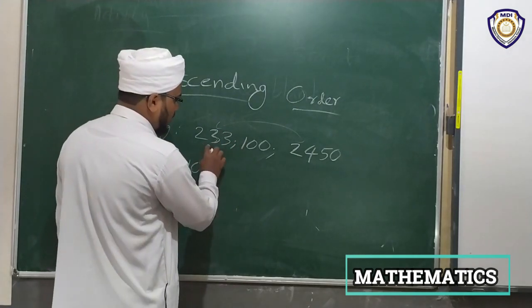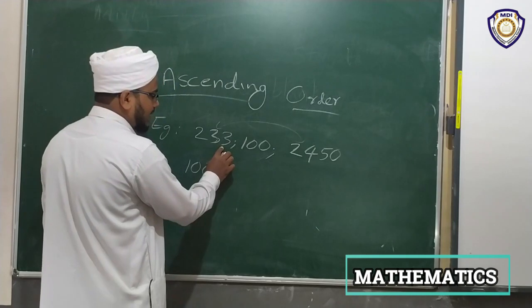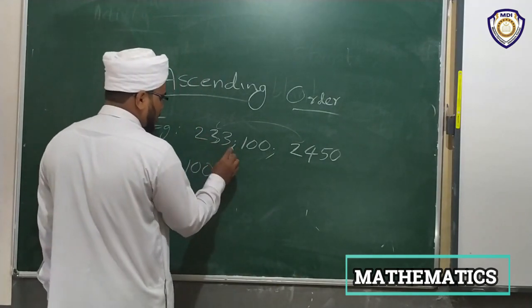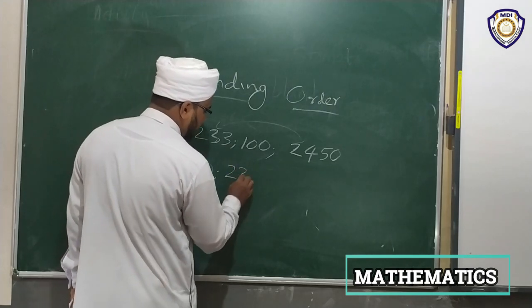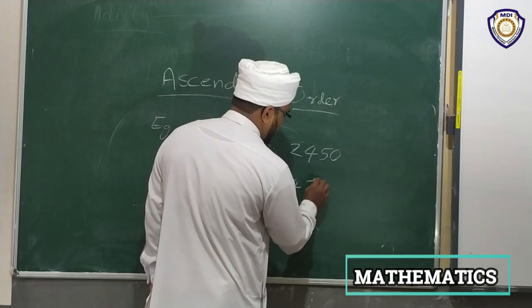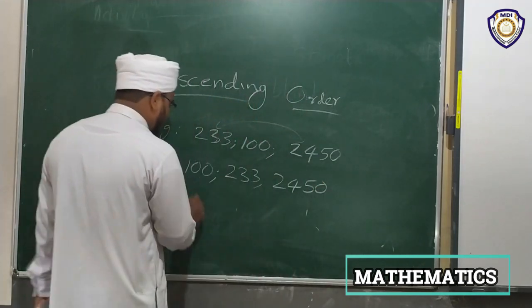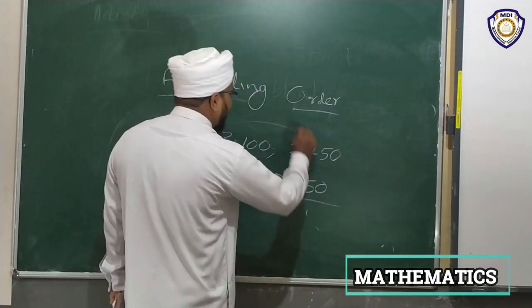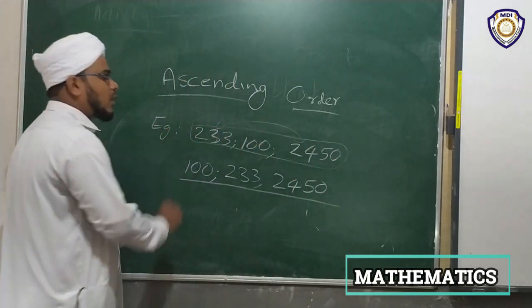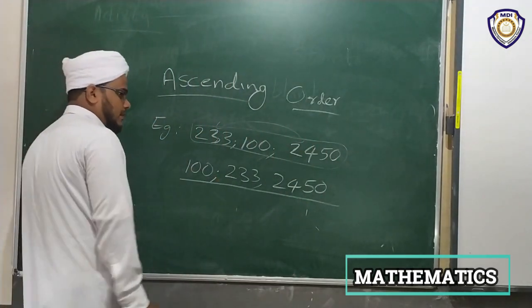This one has only 3 digits, this one has 4 digits, so this is smaller. So we write it here, then we write this number here. So this is the ascending order of these numbers.